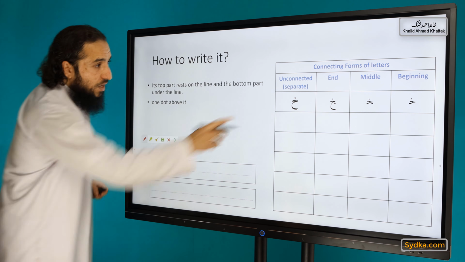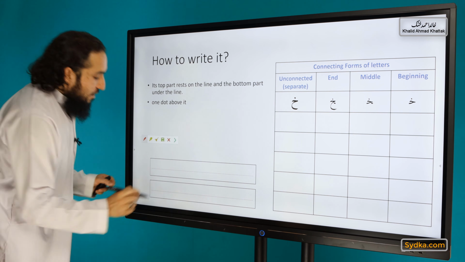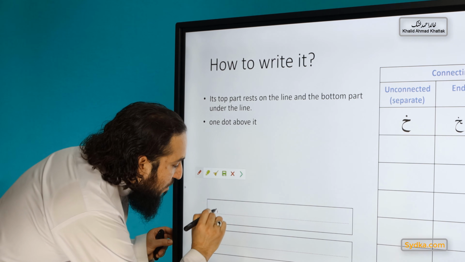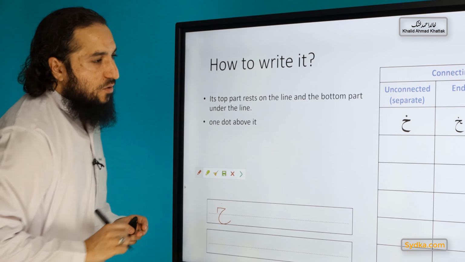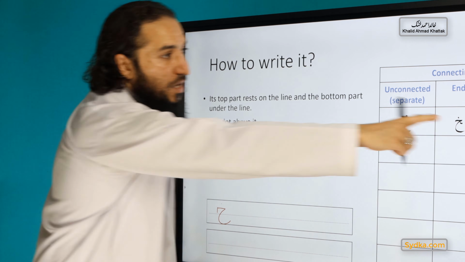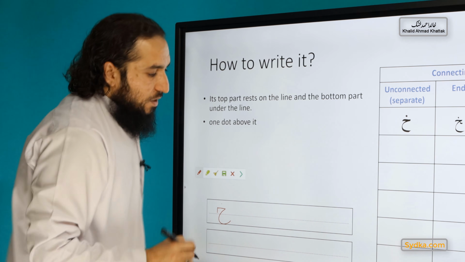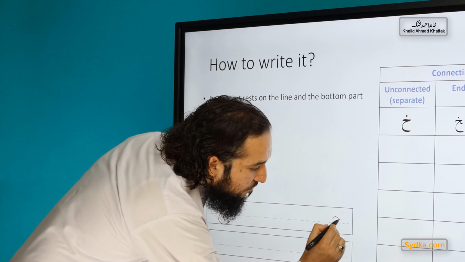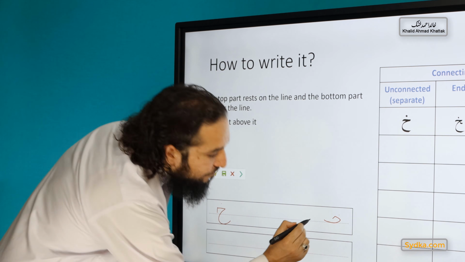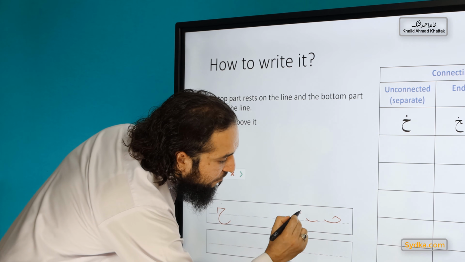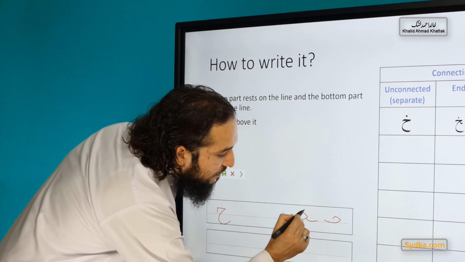If it's written separately on its own, it has one dot on top. If it is written in the beginning of a word, it's written like this. If it is written in the middle, like this.